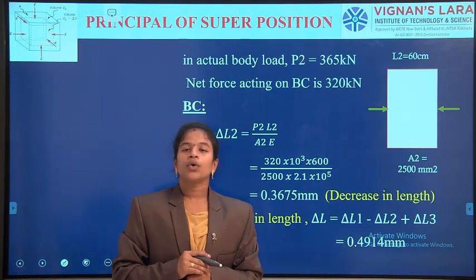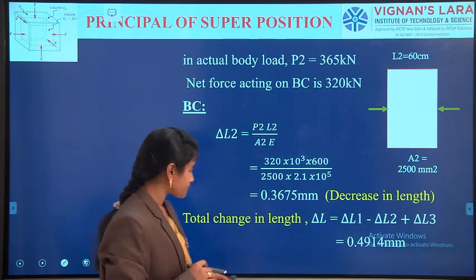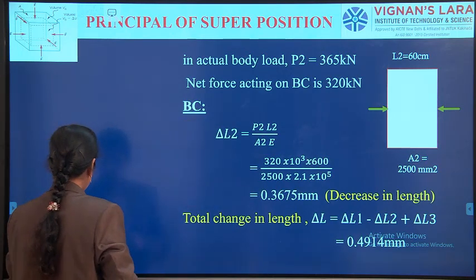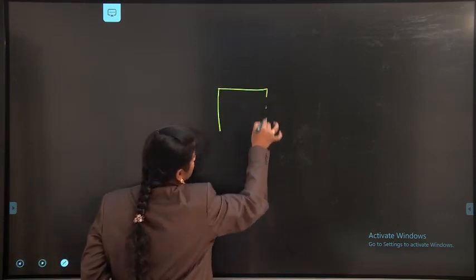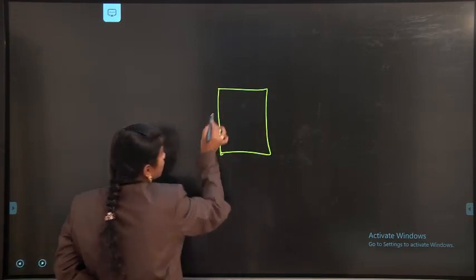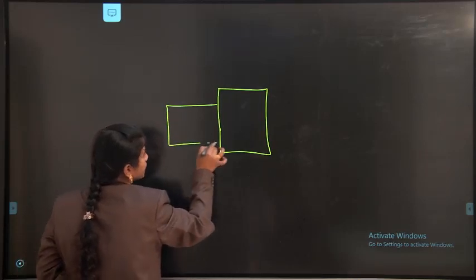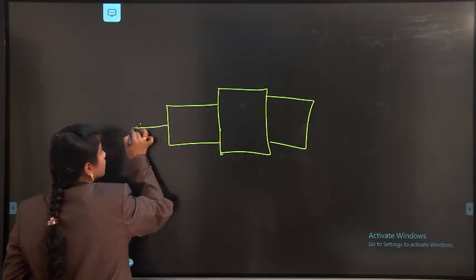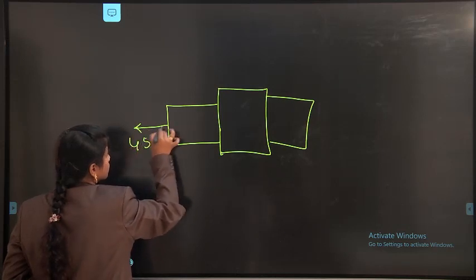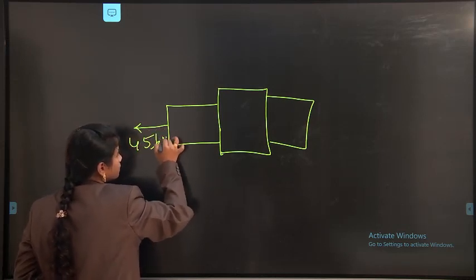Now we are going to the middle segment. See, when we are having a body, and it is having some other bodies in this way. Here we are having 45 kilonewton.